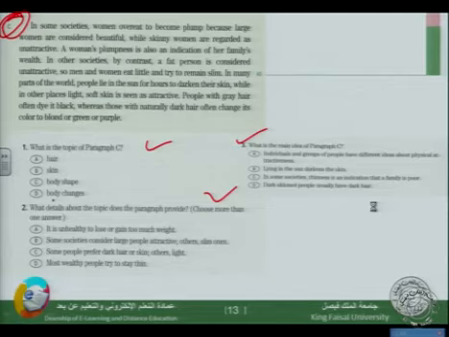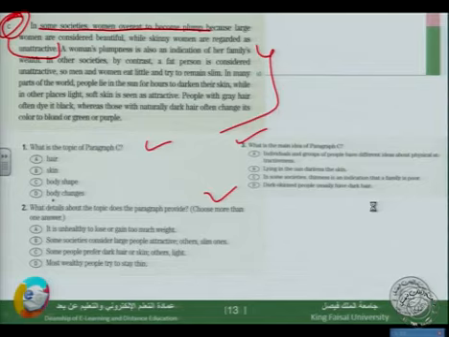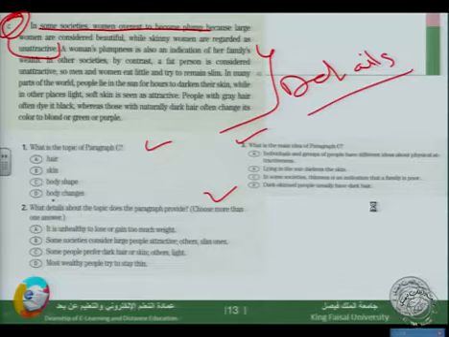The same here. You can find the topic of the paragraph in the first line and the rest is details. And here you can find the topic of the paragraph in the first line and the rest is the details. Okay, here is details. Here is the topic.